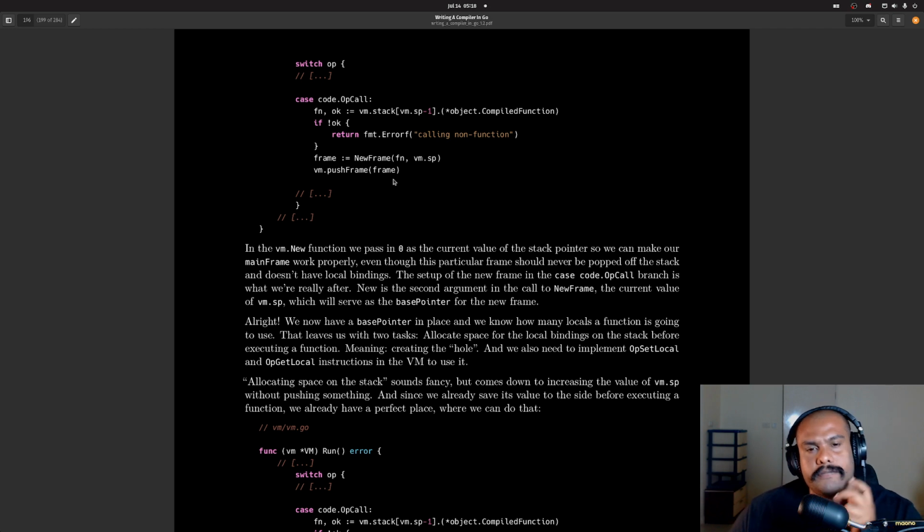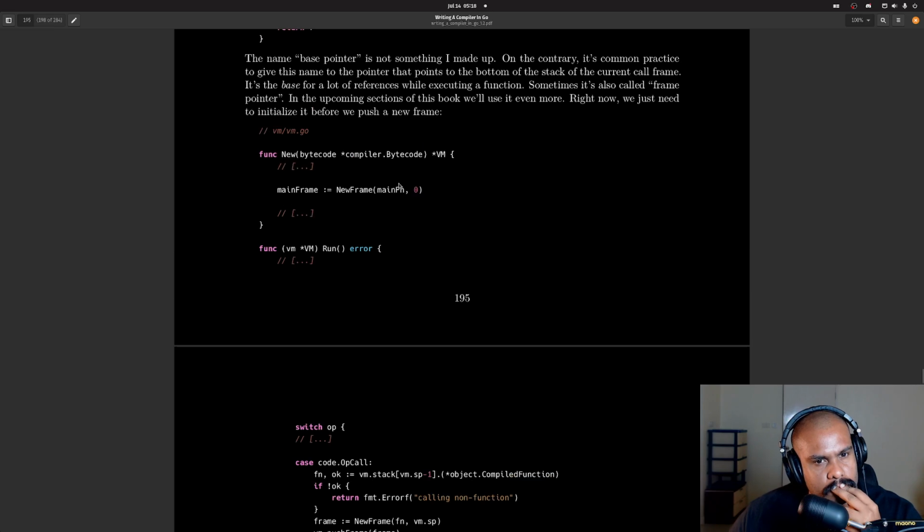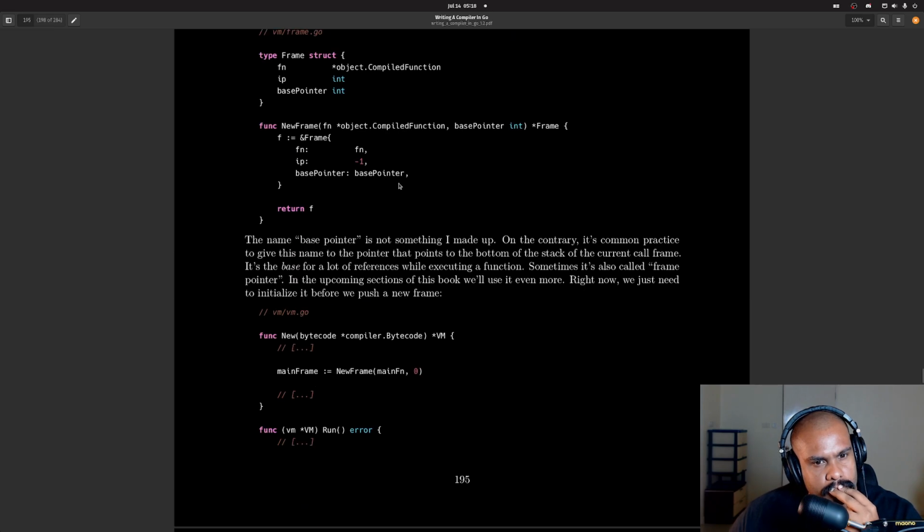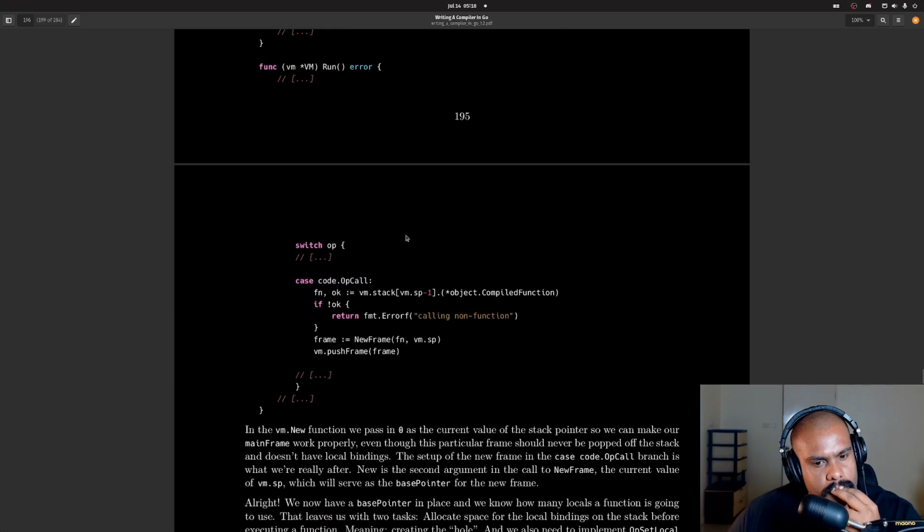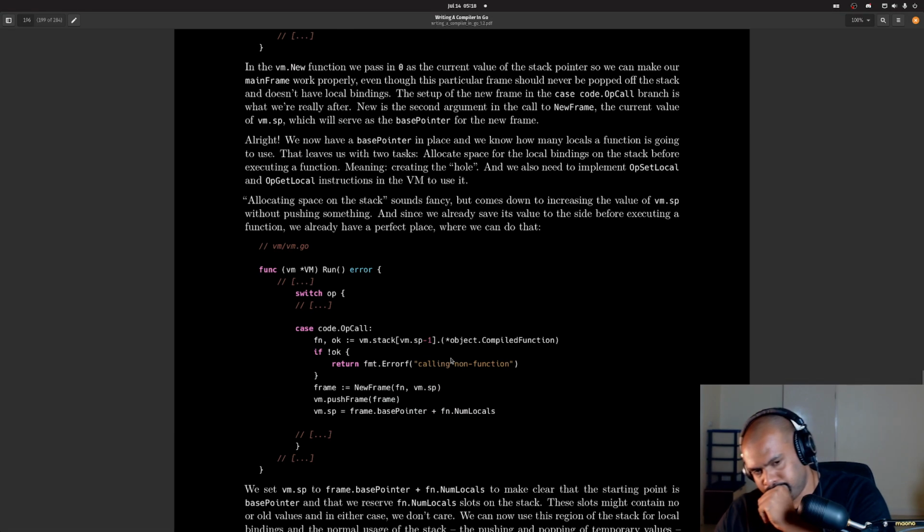A little bit confusing. Reason being, right, okay, it's the base pointer. It's the starting point.